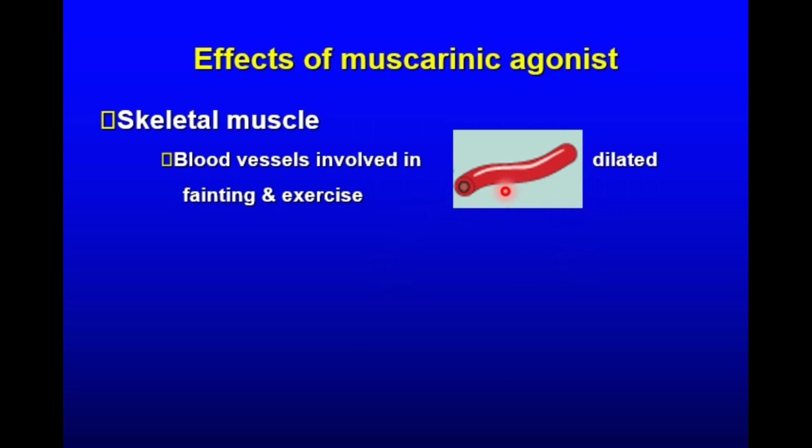Acetylcholine causes vasodilatation of skeletal muscle arterioles via muscarinic receptors. This vasodilator pathway is activated in response to emotional shock and so produces fainting, or in response to exercise.